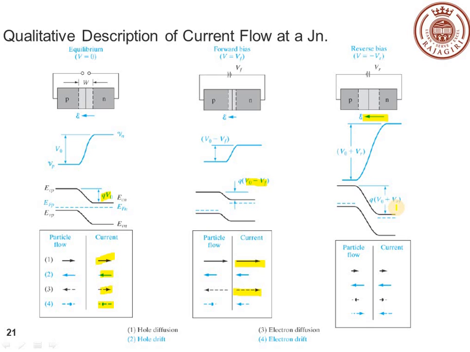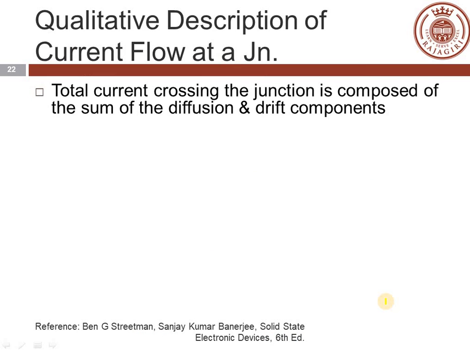If you consider the corresponding current components, our diffusion components will be smaller compared to drift components. And provided we have some carrier generation at the junction, these drift components will contribute to a current. Total current crossing the junction is composed of the sum of diffusion and drift components.